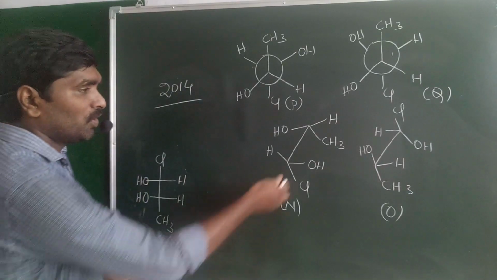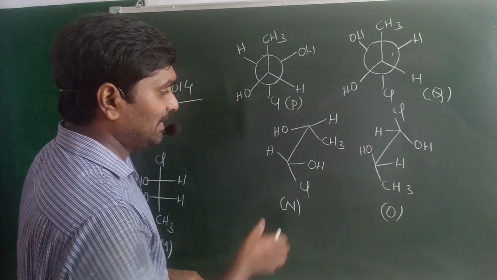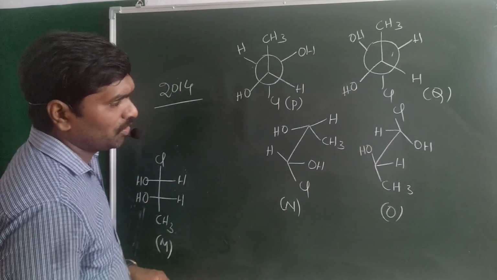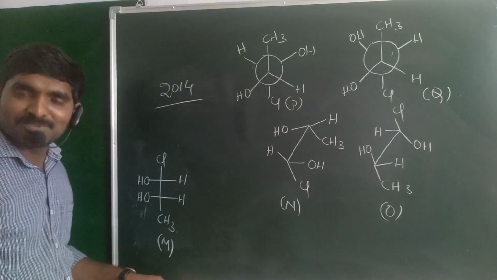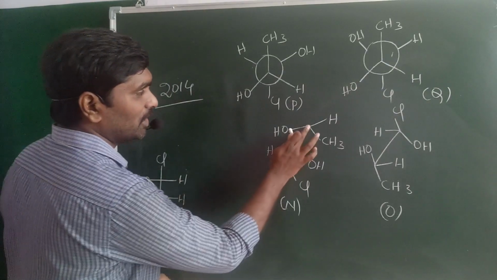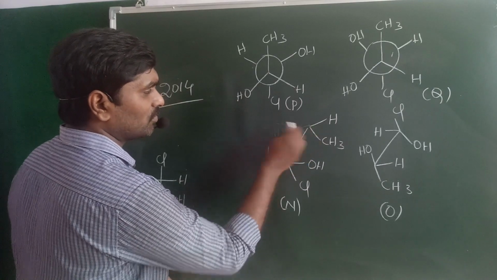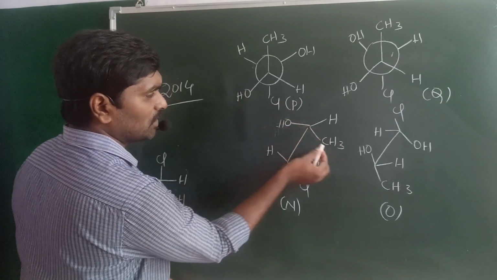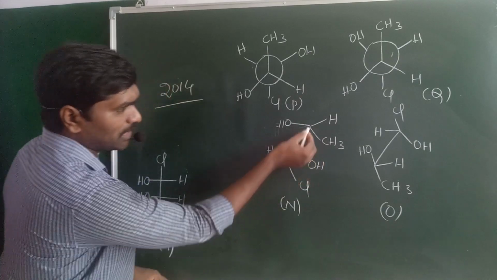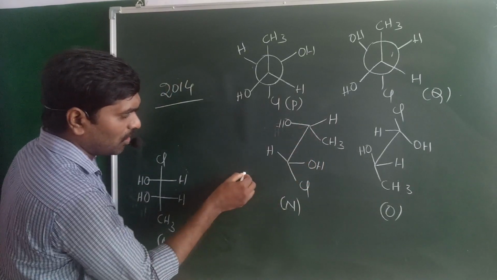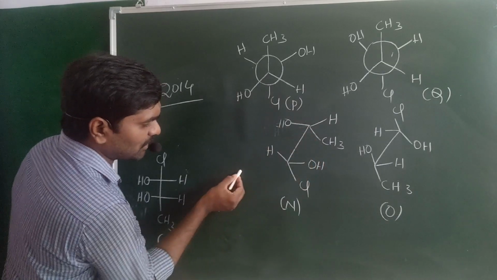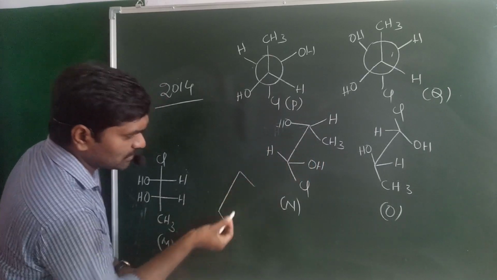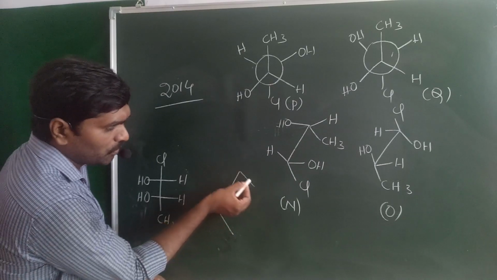So how can I convert N? Again, this is an eclipsed conformation. The structure is like this. Why is it eclipsed? The CH3 is like this, Cl is like this, so on the vertical line you have the two groups.